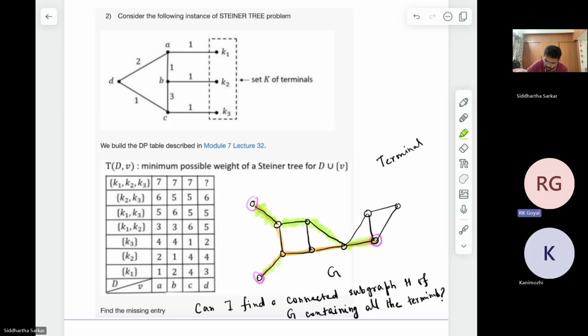Here we have five edges, but then, sorry, I will connect it that way. It is not better. Again, it's six edges.